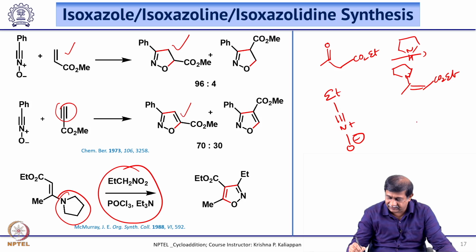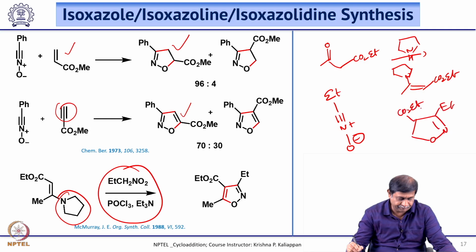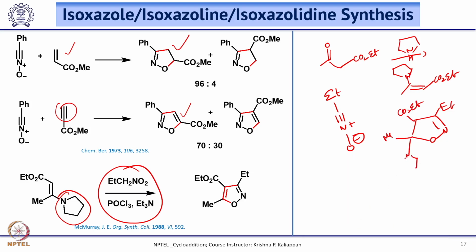So what you will get is initially, then elimination of pyrrolidine will give your isoxazole. Okay.